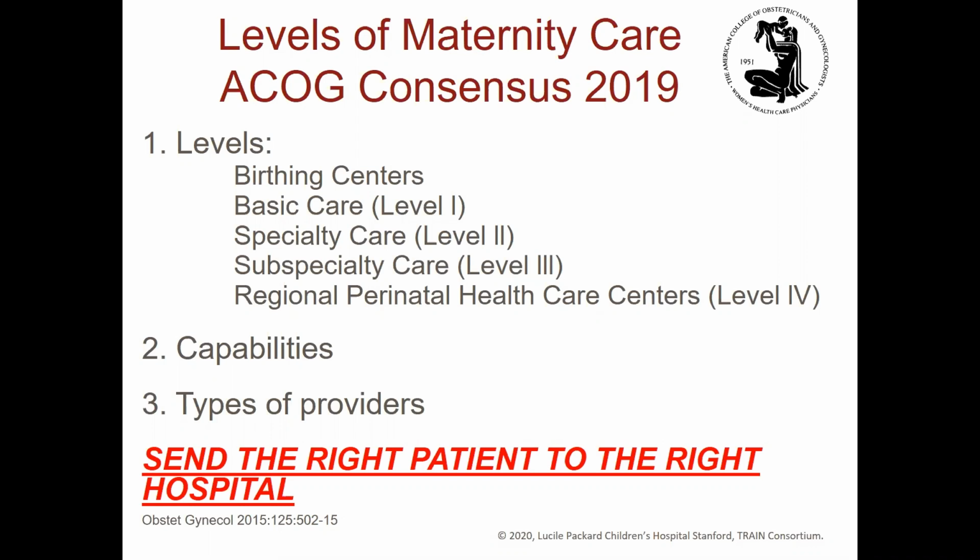Do they have MFM available? Do they have specialized care available for the fetus or mom? So based on the capability of the hospital and the type of providers, you're going to send your patient to the right hospital, only knowing ahead of time what each one of your local hospitals is capable of.